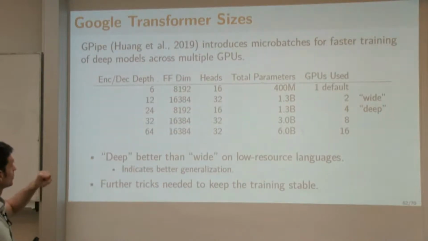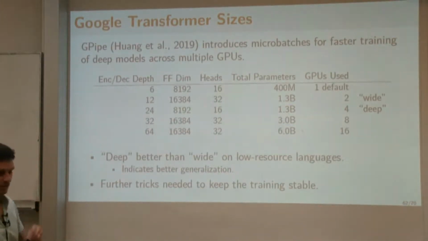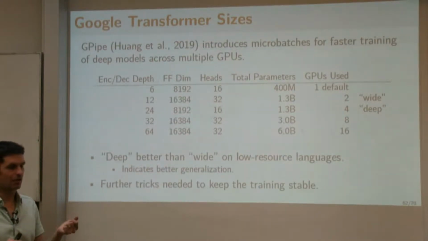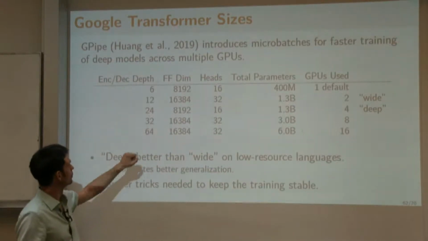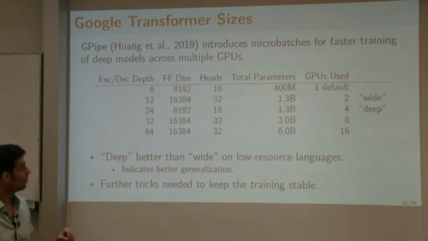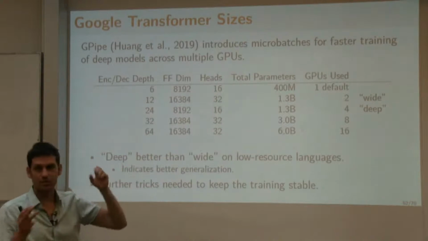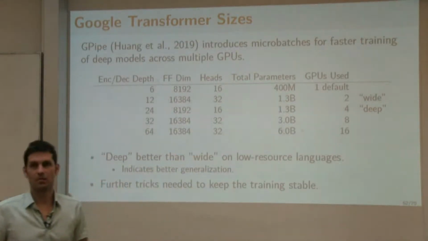And there are other models. The largest one discussed in this paper is based on the GPipe setup, which allows training these big networks by better parallelization across the multiple GPUs. The largest setup that they used was to have 64 layers in the encoder and 64 layers in the decoder, so 128 layers in total, with 32 heads and the bigger intermediate dimension, and that is 6 billion parameters.